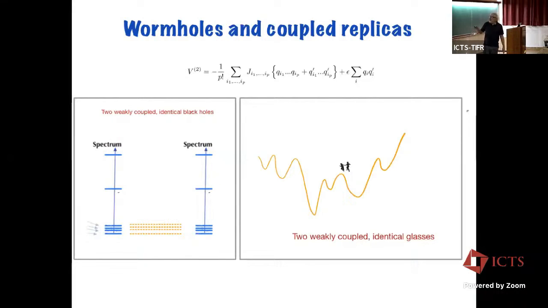If you couple two glasses very lightly, this is something that has been done a lot in the glass world, it's like doing dynamics, two couples together, but with a very small coupling. And it means that you're exploring the states together. And this has interpretations and has been done in coupling. So things that are common are appearing in both literatures. So I wanted just to say that. Thank you very much.